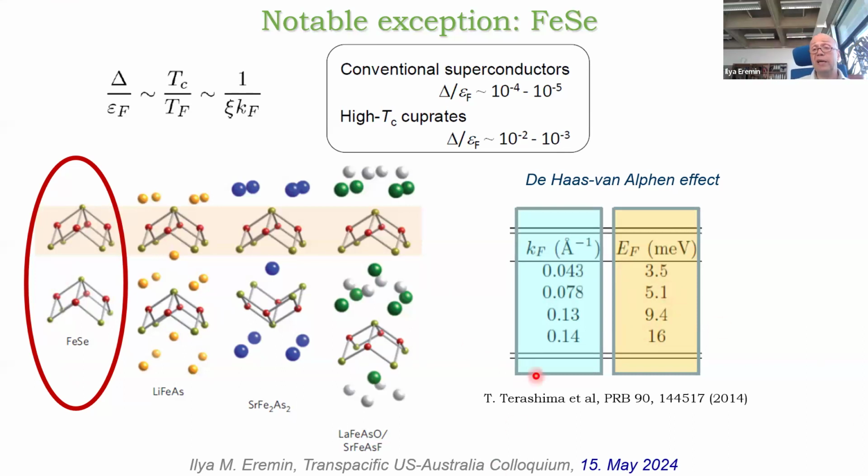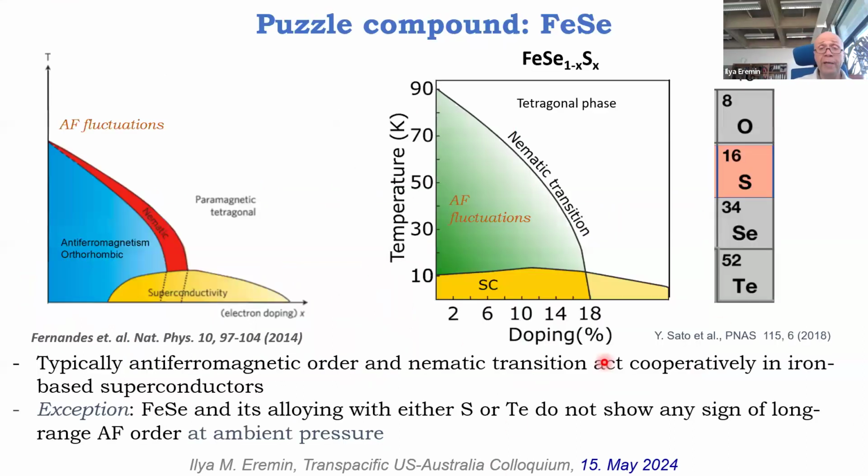So these are really tiny numbers. Furthermore, in contrast to the other iron-based superconductors, it doesn't have an antiferromagnetic transition. It only has a structural transition, which is dubbed the nematic transition, and you have superconductivity.